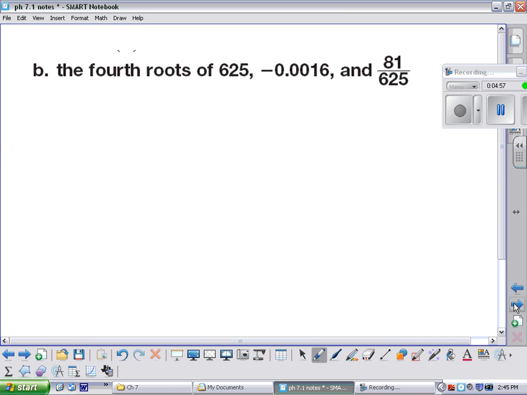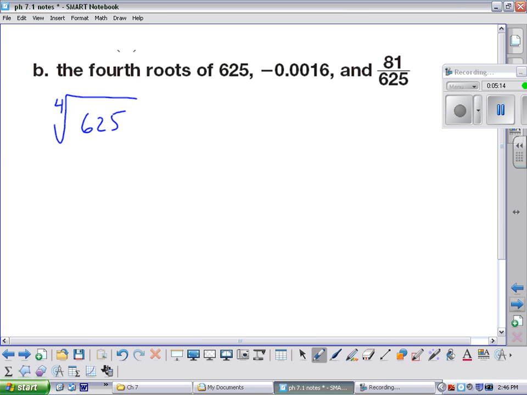Fourth roots. So symbolically it looks like this. Is there a number that multiplies by itself 4 times to get to 625? There is.